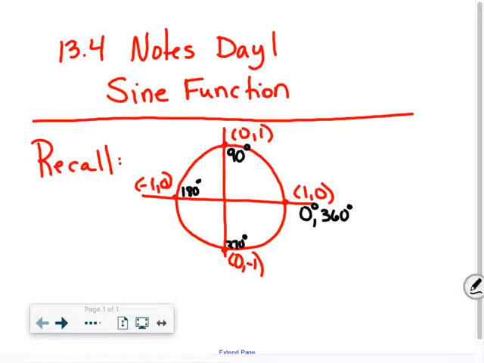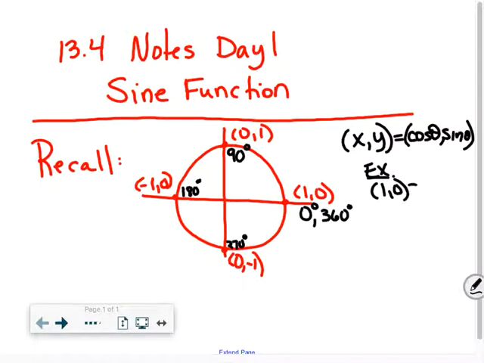So I want you to also remember what we learned is every x, y was equal to cosine theta, sine theta. So for example, the point 1, 0 is equal to the cosine of 0 degrees, the sine of 0 degrees.